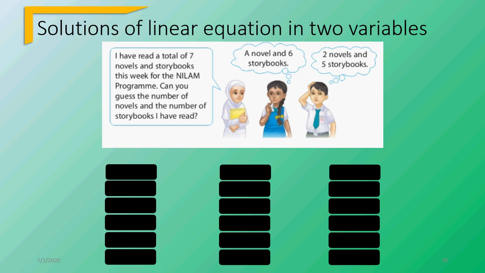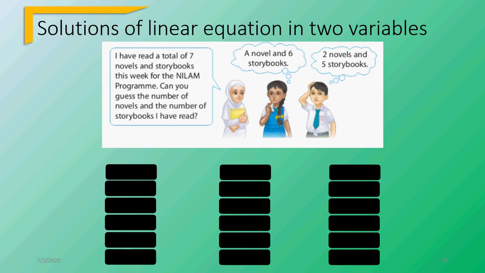In this situation, there's a student who has read a total of 7 novels and storybooks for her Nilam program, and she wants her friends to guess the number of novels and the number of storybooks that she has read. Now there are many possible solutions, but first you have to come up with the linear equation.